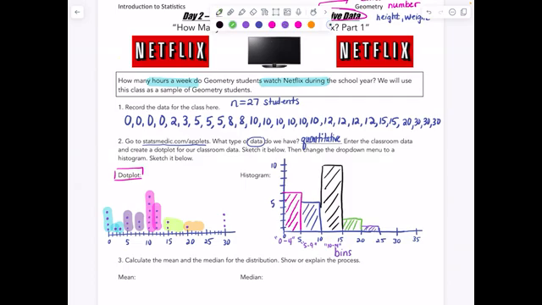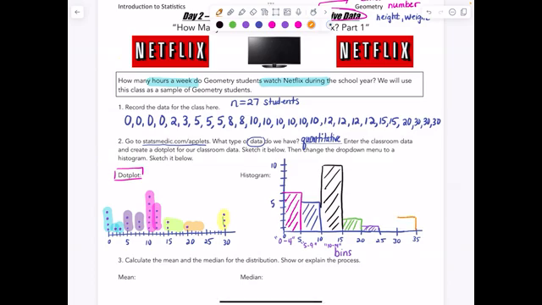I do not have any between 25 and 29. But then at 30, I'm going to conclude this. And at 30, let's do a highlighter here, I'm going to have 3. So I'm going to go over and make a histogram height of 3. So that will give me right about here.